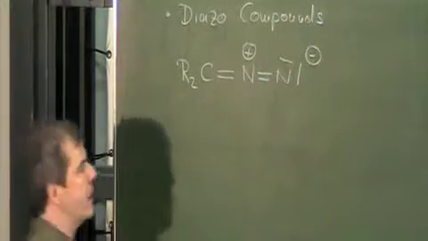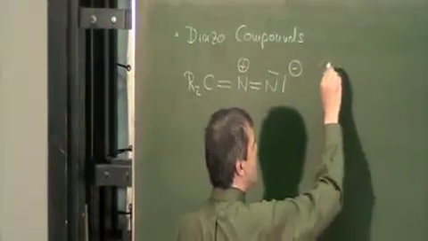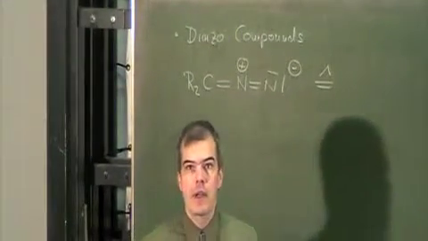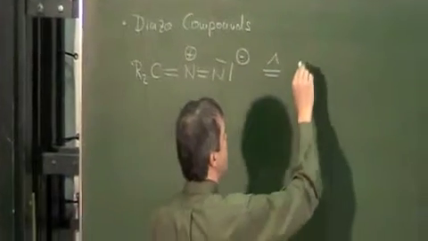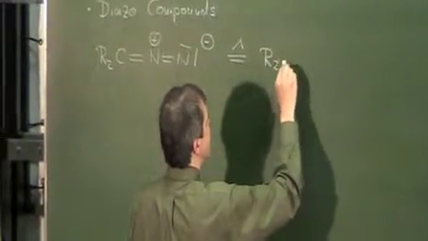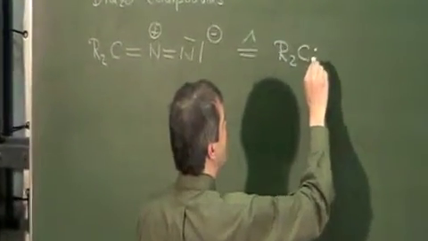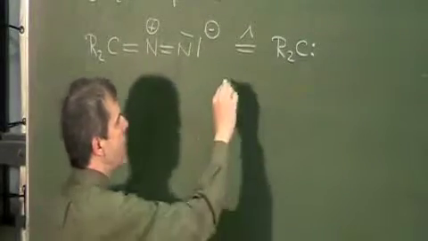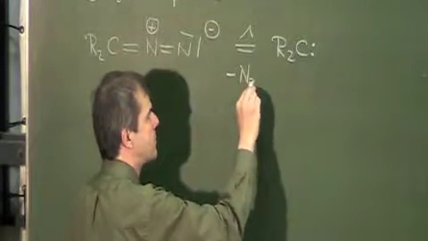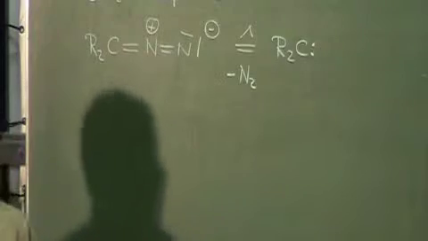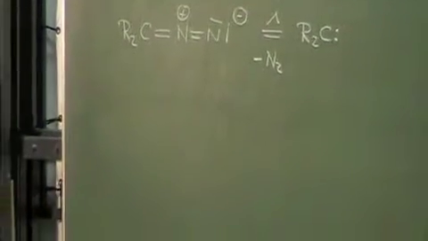So the idea of having a diazo compound which in some kind of ways can generate a carbene by loss of nitrogen is one very common way.